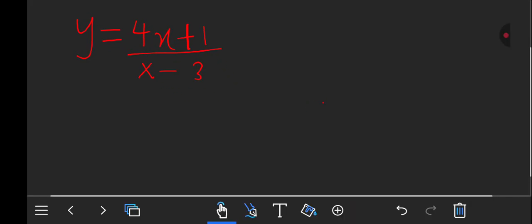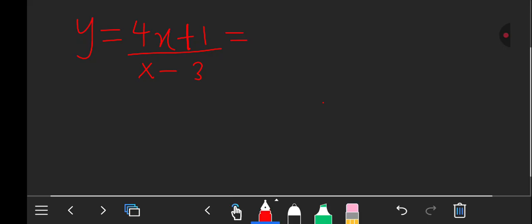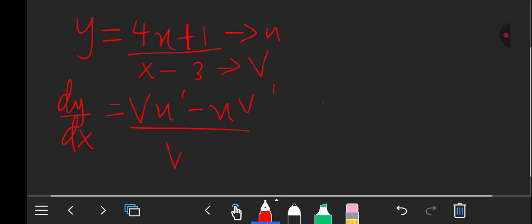So how can we differentiate? Our top function, our numerator, we will let it be u, then the denominator will be our v. So now we use the formula dy over dx is equal to v u prime minus u v prime over v squared.